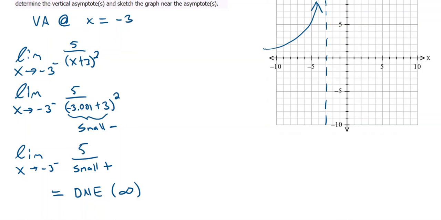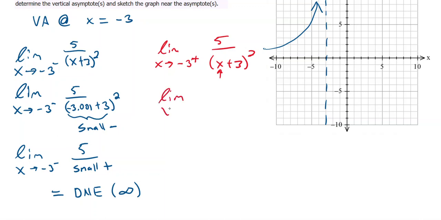Now from the other side, we're just going to do the same thing and say, okay, the limit as x approaches -3 from the right this time. And that would be 5 over x plus 3 squared. So now to the right of -3 would be like -2.999999, right? So -2.99999 plus 3 is going to give us a positive number, and then we're going to square it, so it's still positive.